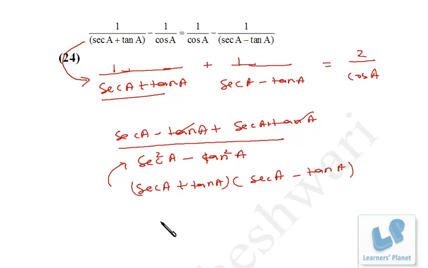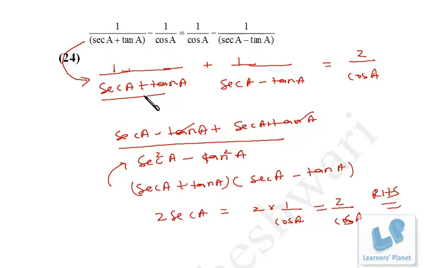So it's sec a plus sec a, that's 2 sec a, or 2 into 1 upon cos a, because the reciprocal of sec a is cos a. So it is 2 by cos a. That's the right hand side. If you rewrite the sum like this, it will be very easy to solve.